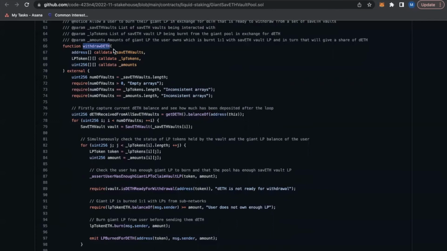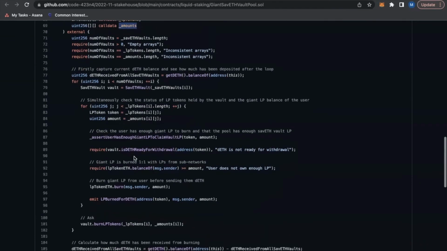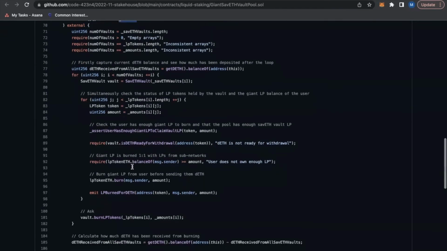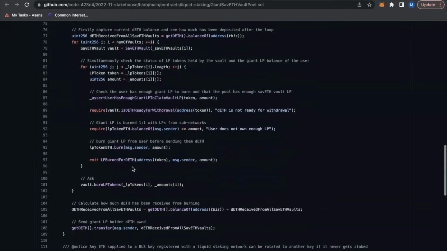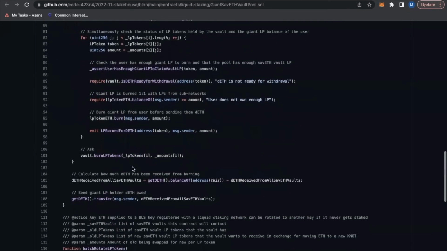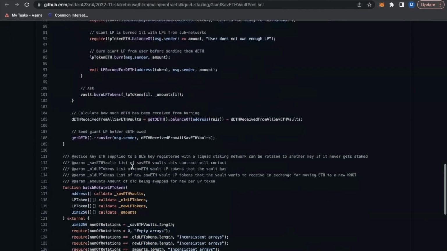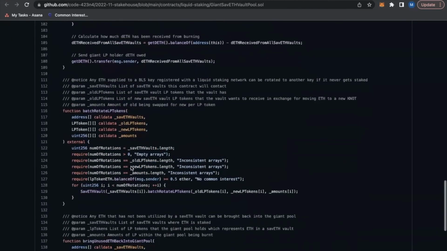DETH was the underlying asset that was introduced by the Stakehouse protocol, and it is free. So you just have to tell which individual protected staking pool and the LP tokens you want to claim from, and these tokens will then be burned, and you will get back your DETH for that BLS public key. So that's what this does.